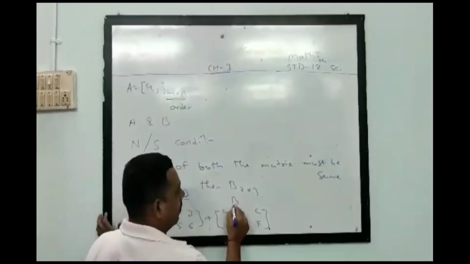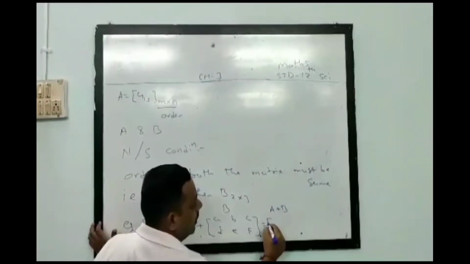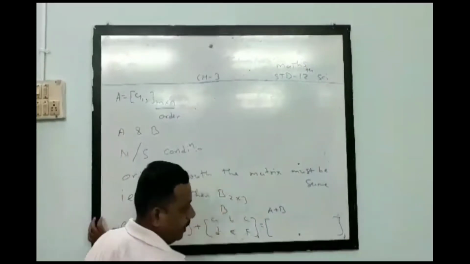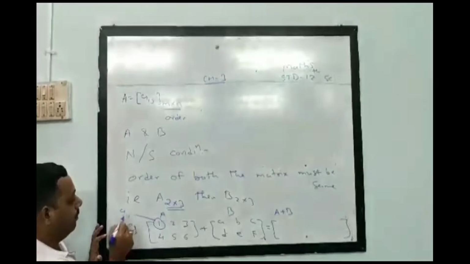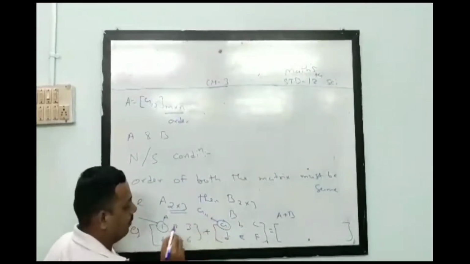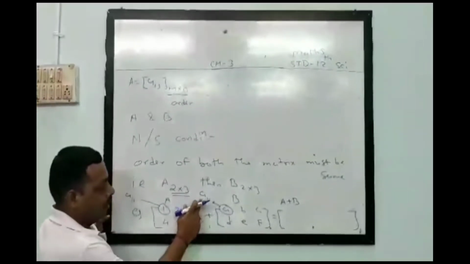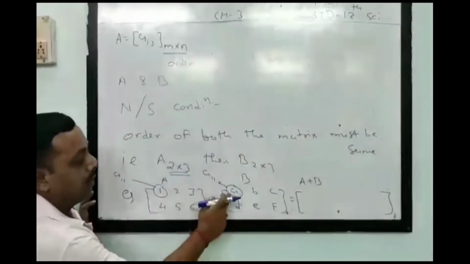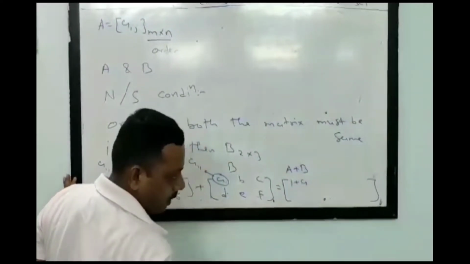Then the result for the matrix sum A plus B is that we have to add the respective entries. This entry is known as A11 and this entry is also known as A11. So we add the first entry with the first entry. So the addition of 1 with a is our result, so the first entry is 1 plus a.